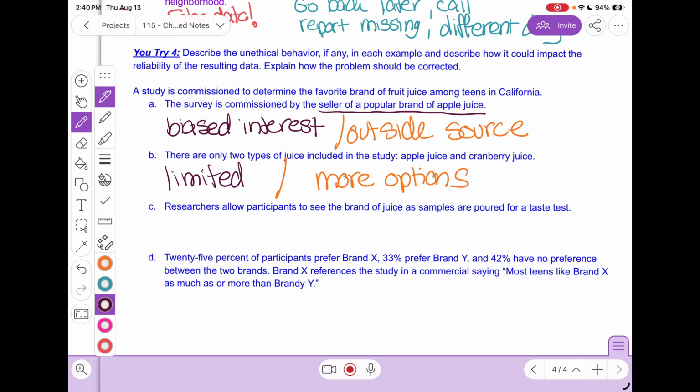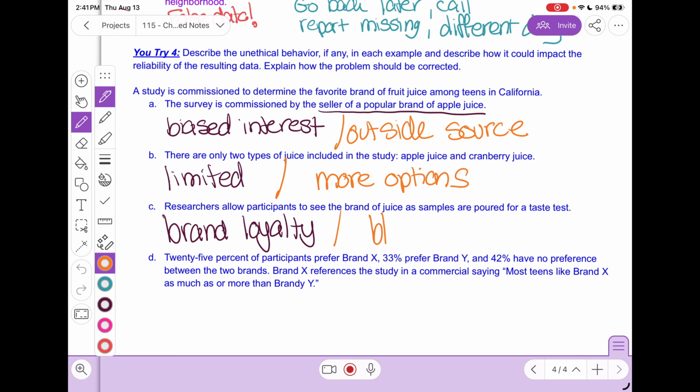Researchers allow participants to see the brand of juice as samples are poured. So there's this thing called brand loyalty. There are people, it's a thing, whether you know it or not, that think they like a brand more just because of the brand name. It is true that sometimes some brands taste better than others. There are other times where people really wouldn't know the difference. There's lots of things. So it creates bias.